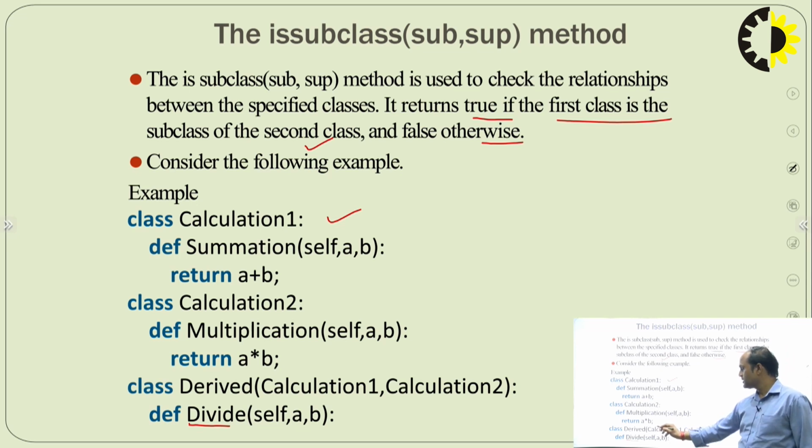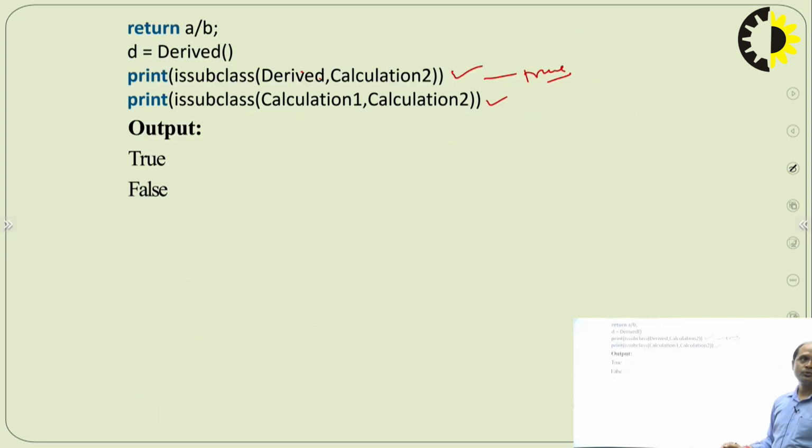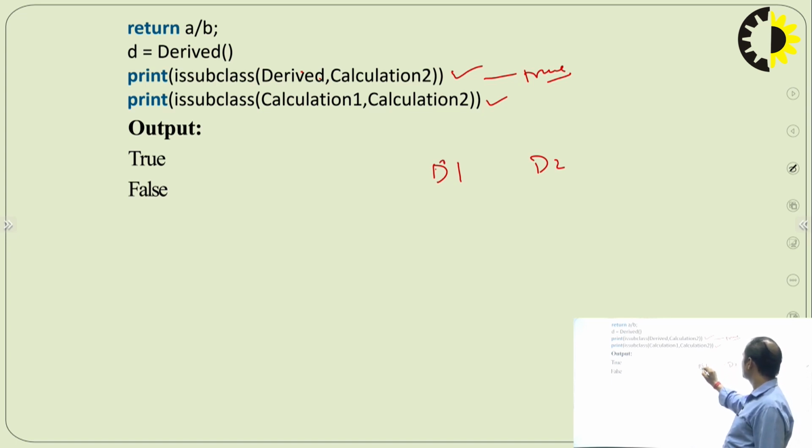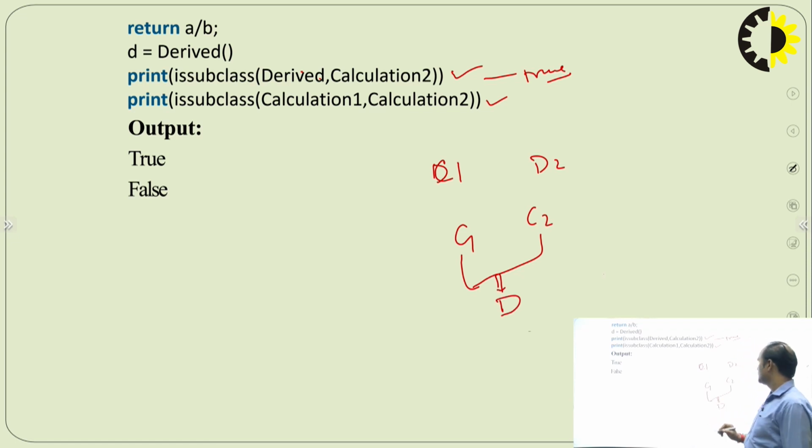The derived class is made up of calculation 1 and 2 also. So it is true because the derived class can be inherited. Suppose derived 1 and derived 2, and we can use the class of calculation 1 and calculation 2, and we can derive that particular class this way. This is the concept of inheritance.